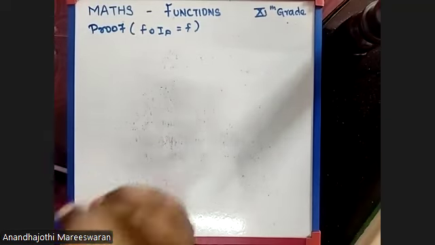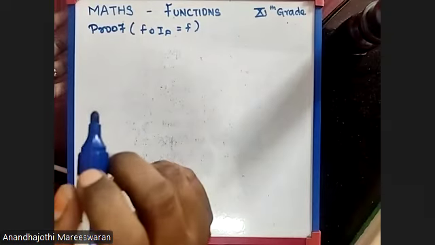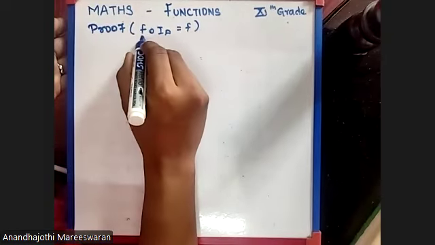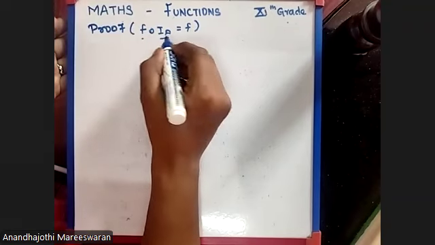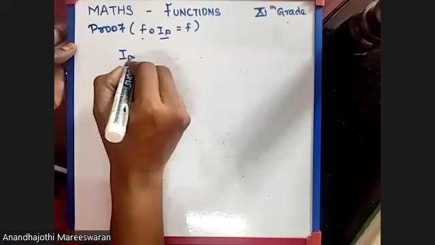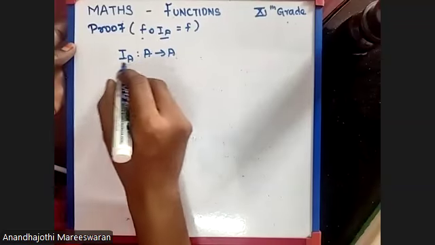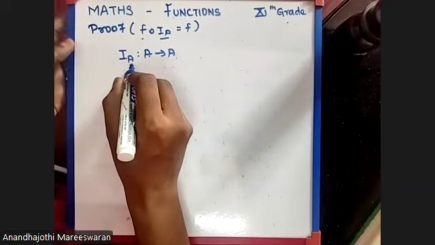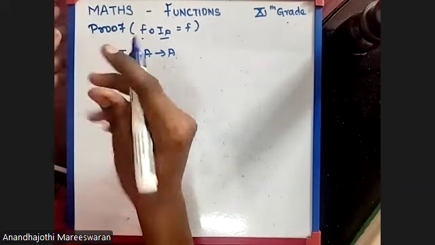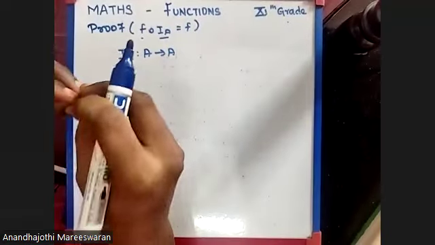What they have given is function F and IA. IA is an identity function, so IA maps A to A. What is meant by an identity function? An identity function is a function in which whatever the input may be, that will be the output.